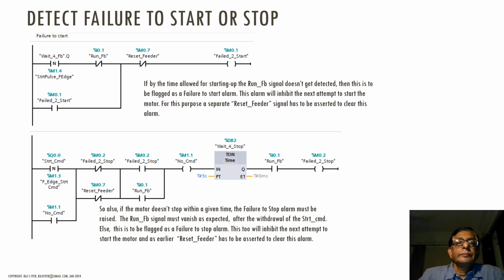All right. Of course, the fail to start signal has to be reset before the next start by means of the reset feeder signal. Okay, now this is a very simple arrangement. Okay, now we take a look at the failure to stop alarm flag.